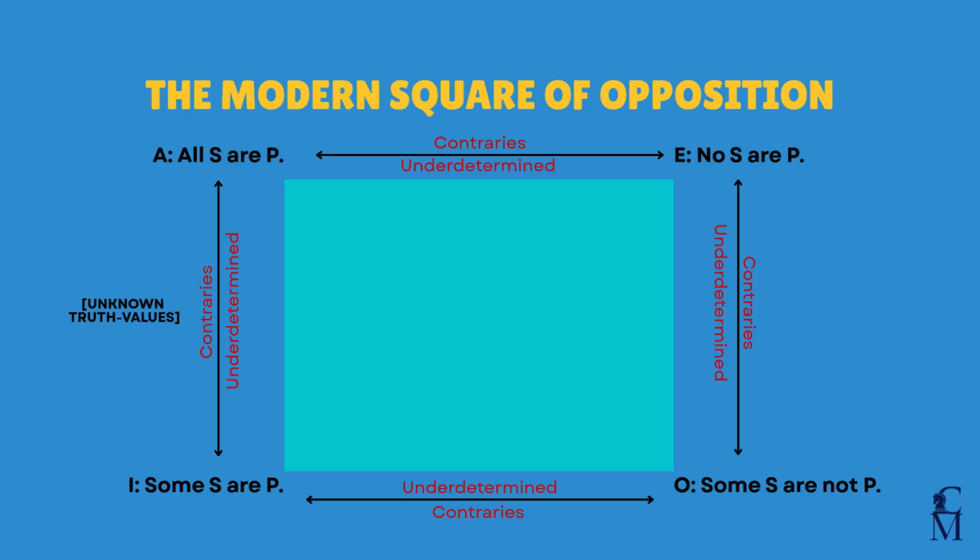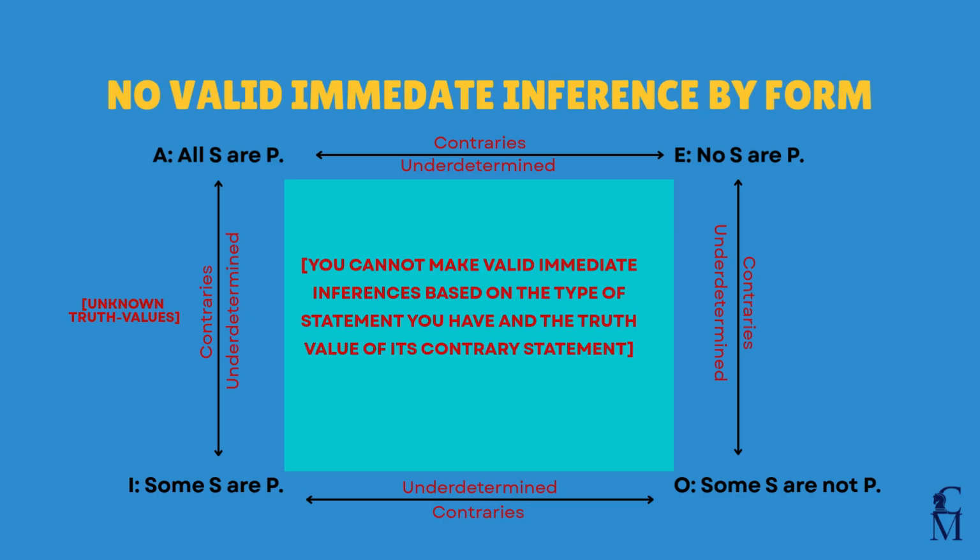This means that the truth value of each statement is underdetermined by the truth value of its contrary statements. We cannot determine the truth value of a statement based on the truth of its contrary statement. This also means that, unlike contradictory statements, you cannot make valid immediate inferences based on the type of statement you have and the truth value of its contrary statement.